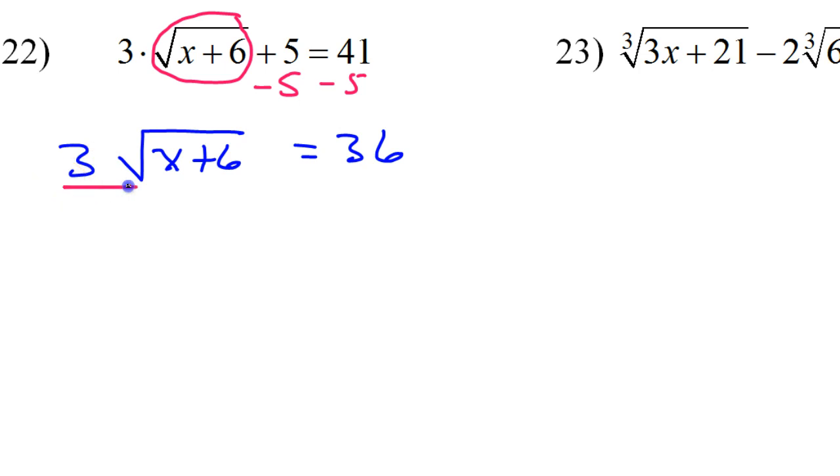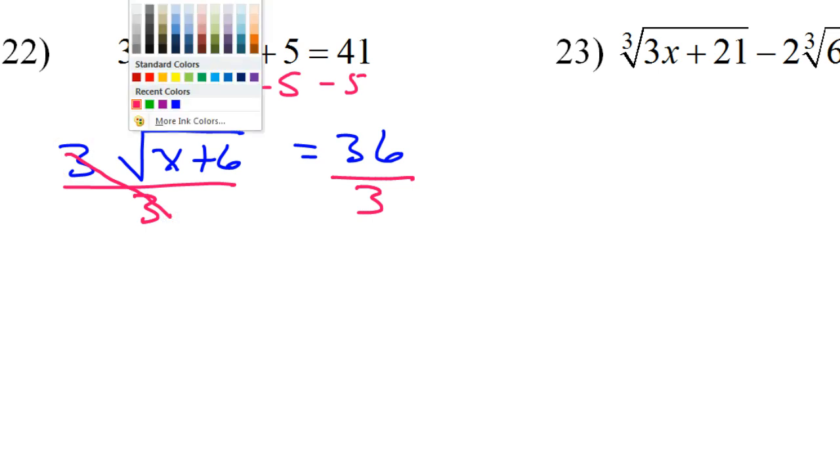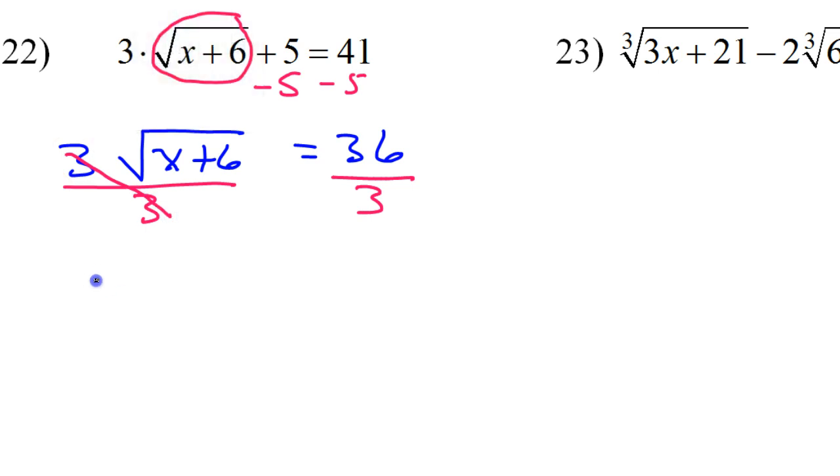Next, I will deal with this 3 by dividing both sides of the equation by 3. That way these will cancel out. And so far, I will have the square root of x plus 6 equals 12.